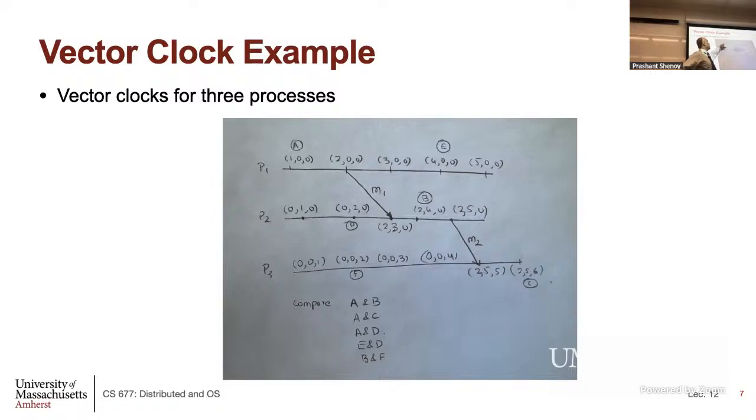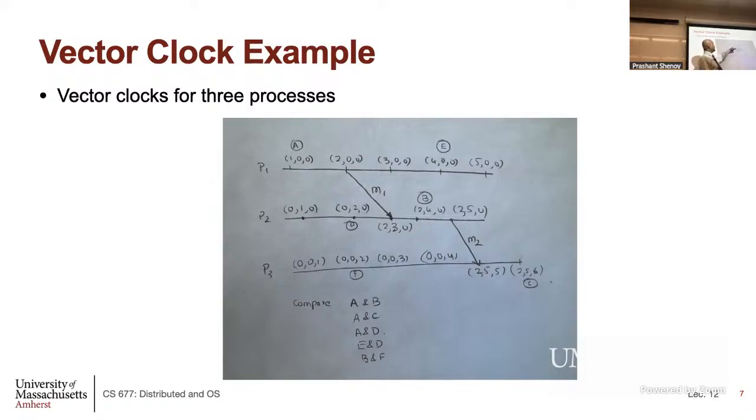So P1 will go from 0, 0, 0 to 1, 0, 0. Next, you'll go to 2, 0, 0, and so on. At P2, you will increment the second element, so whenever there's a local event, you go from 0, 0, 0 to 0, 1, 0, and so on. Here, you will go from 0, 0, 1 to 0, 0, 2, so increment the third element. So for the local event, you just take your local clock value within that vector.